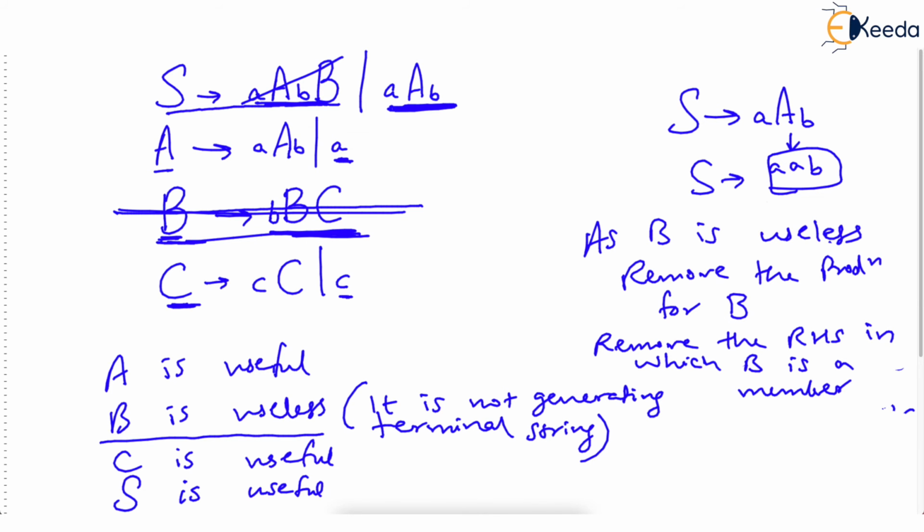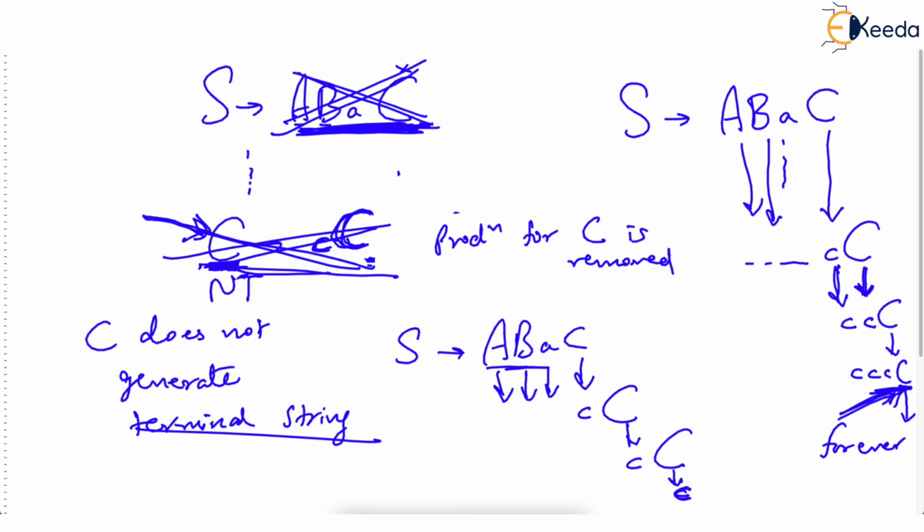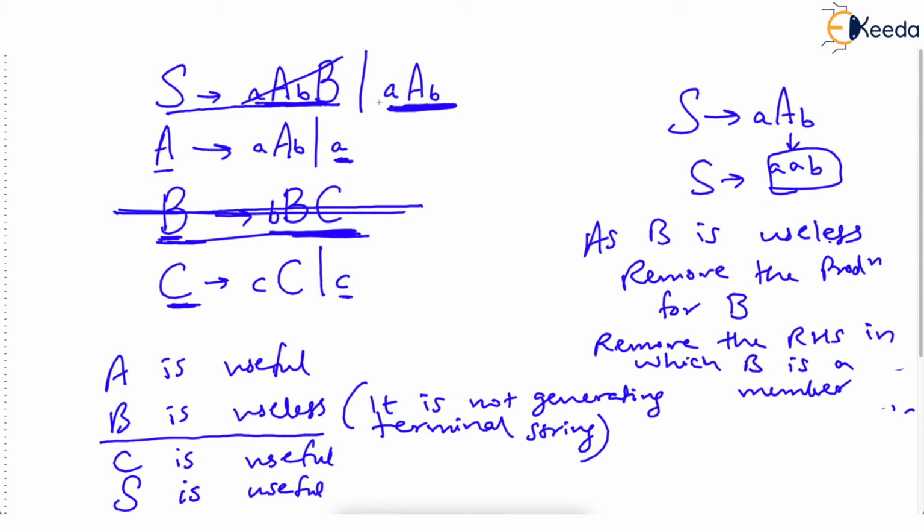So what does the new grammar become after removing this useless symbol? S derives AAB. Let me write this. S derives AAB.